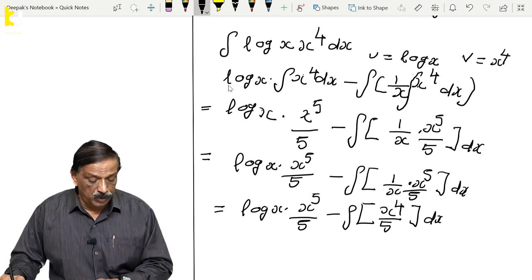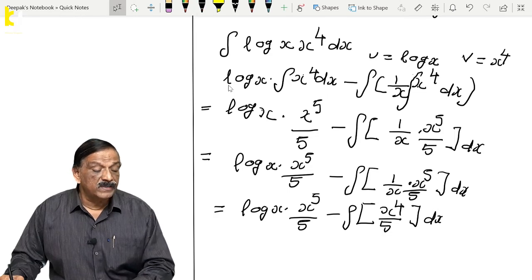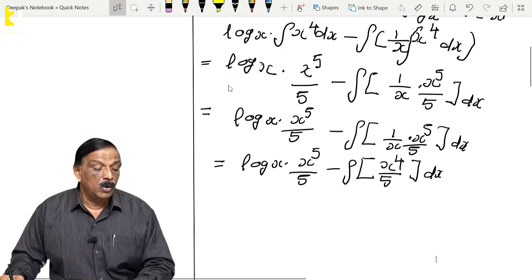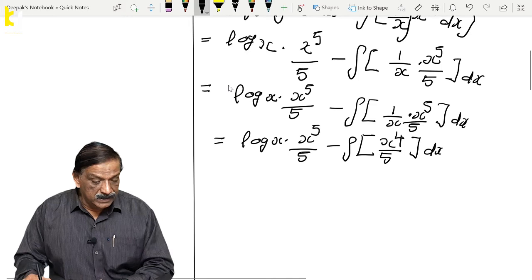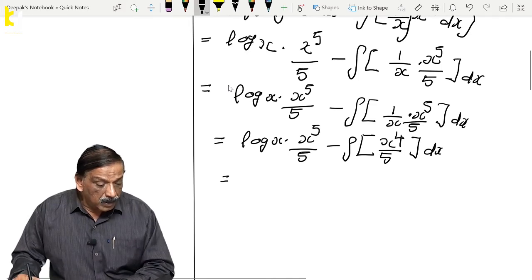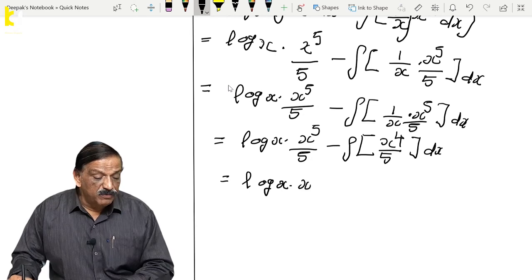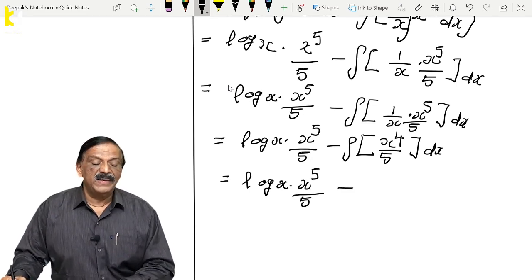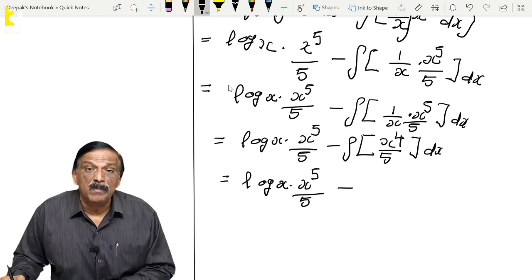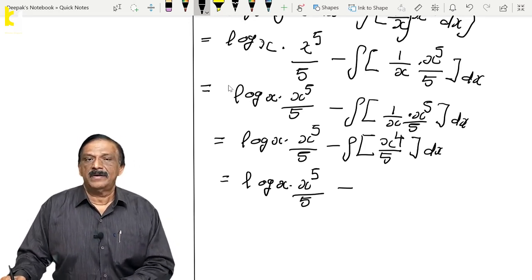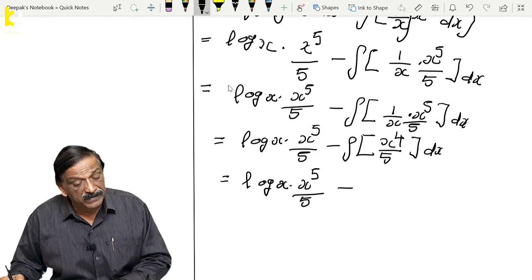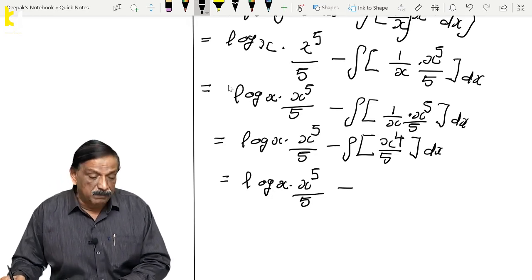So this is equal to log x raised to 5 divided by 5 minus integral x raised to 4 by 5 dx. We know integral x raised to n dx equals x raised to n plus 1 by n plus 1.